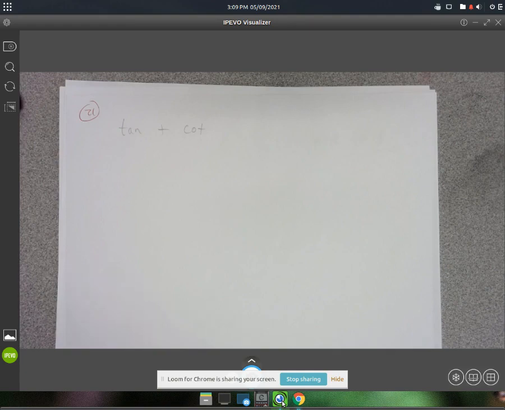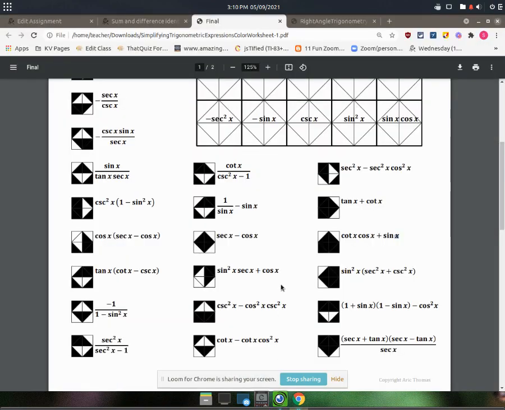Before I mention that one, you see problems like number 18 here, the ones where it's got cosecant squared and cosecant squared. Where's another one like this? Here we go. We've got secant squared and secant squared. We've got cotangent and cotangent.